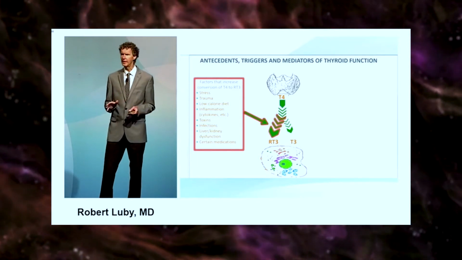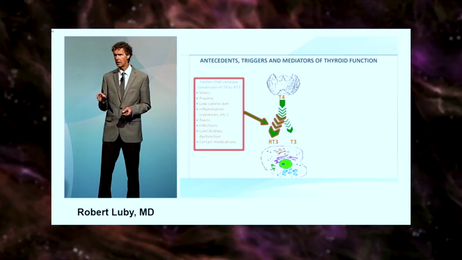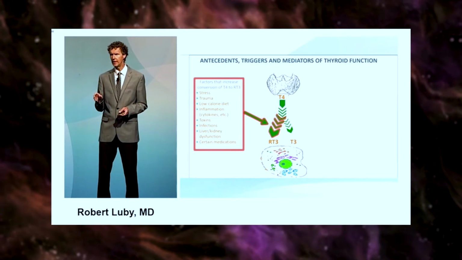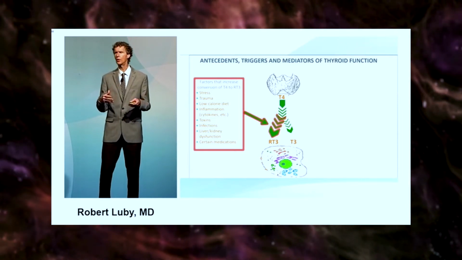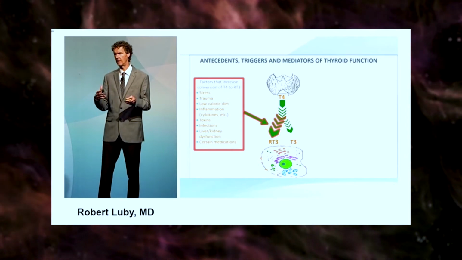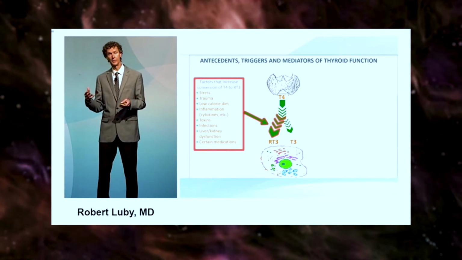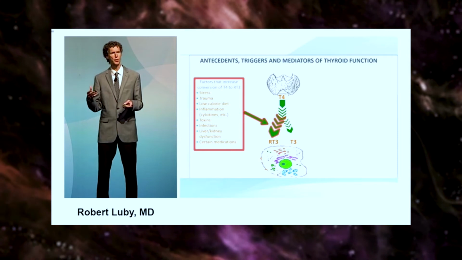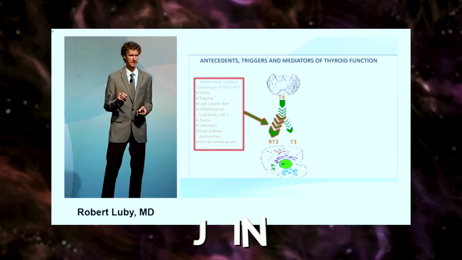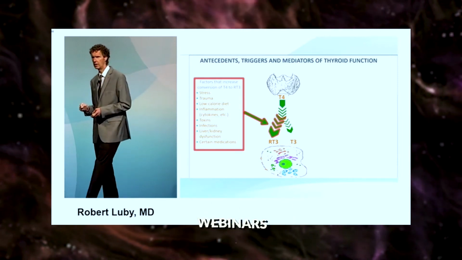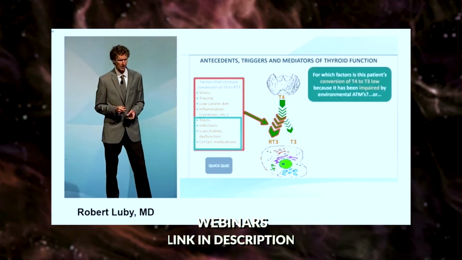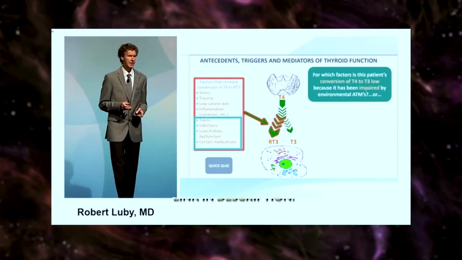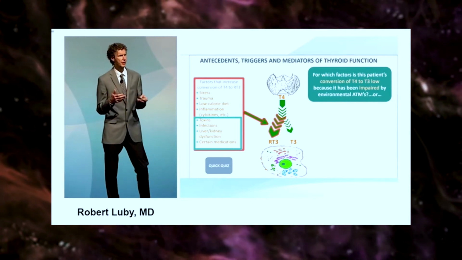Okay, now this list again. Some of the things on this list will impair conversion of T4 to T3, and in some of these environmental conditions, the thyroid gland will appropriately alter its conversion, instead of going from T4 to T3, it'll go from T4 to reverse T3 appropriately. Which is which? We believe from the evidence thus far, these are the conditions in which the conversion is impaired.